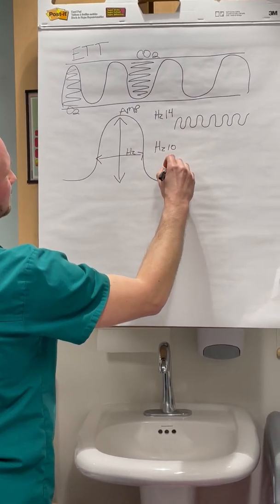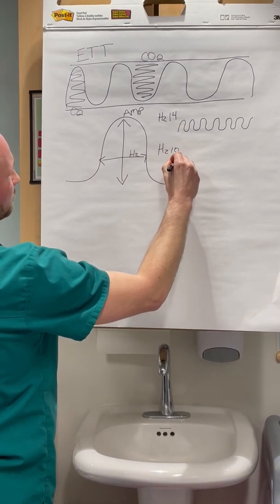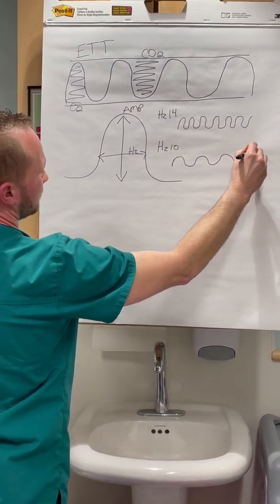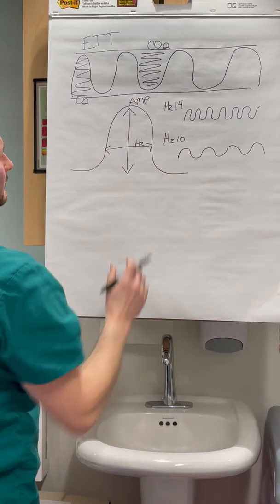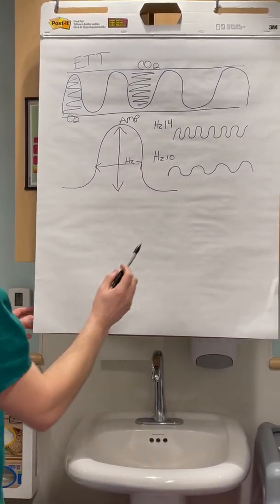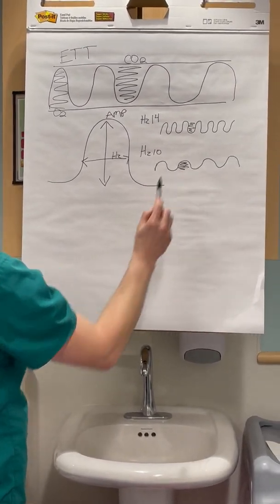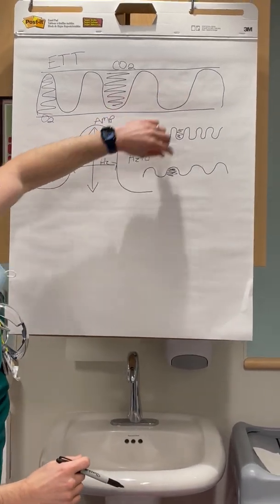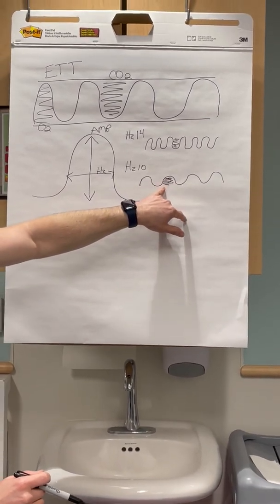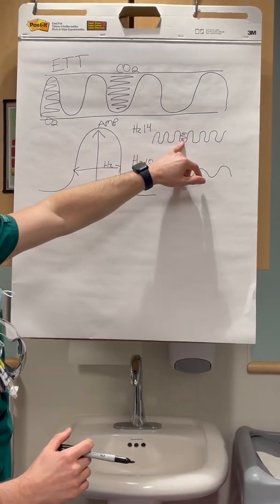The hertz of 10 is going to be slower, and you're not going to give as many breaths, so the distance between the waves is actually going to be a little longer. If you can see in here, these waves are wider, so you're going to take more CO2 out. These waves are more narrow, so you're going to take less CO2 out.